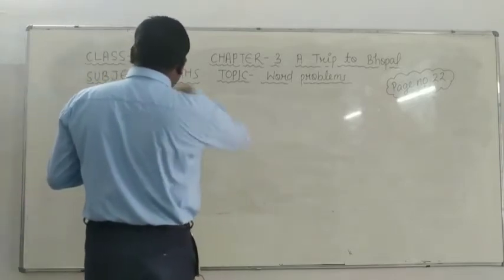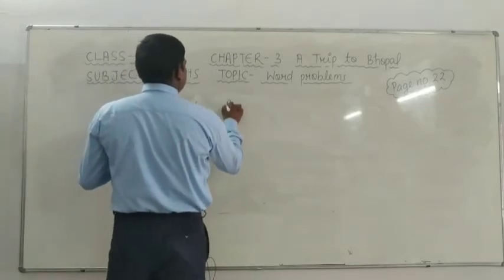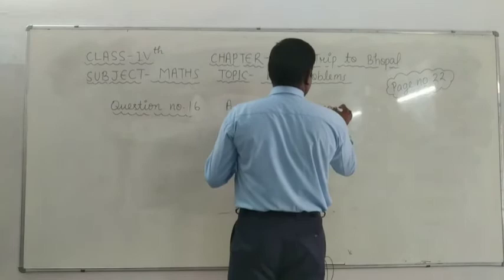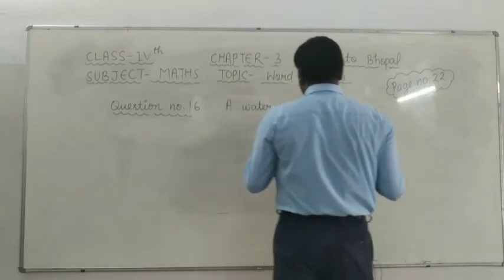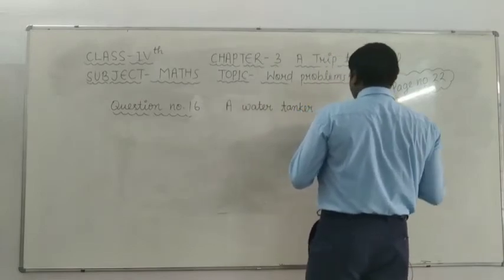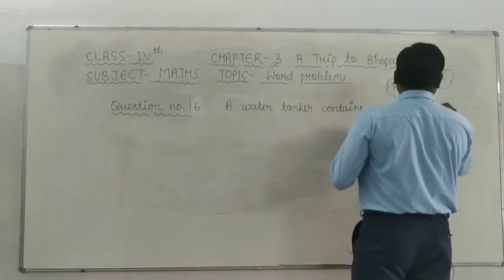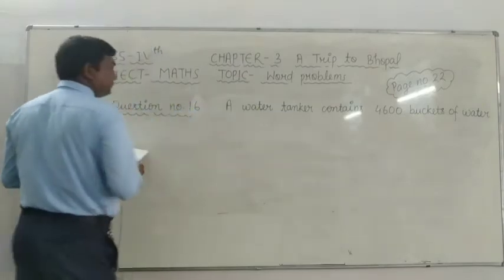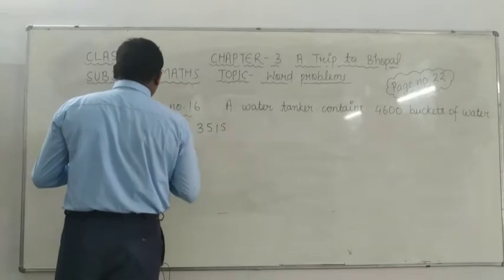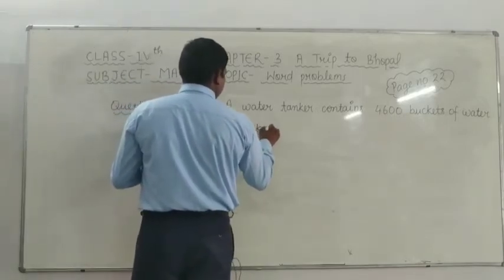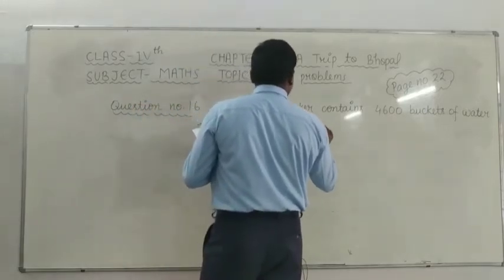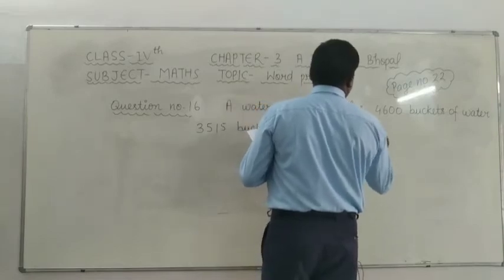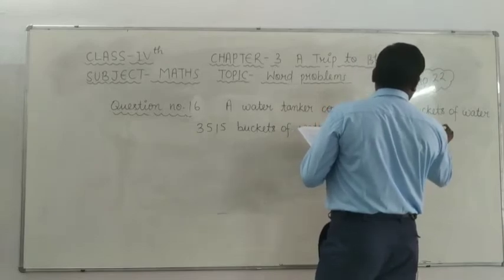Okay, in question number 16 it is given that a water tanker contains 4,600 buckets of water. 3,515 buckets of water are supplied to a colony.